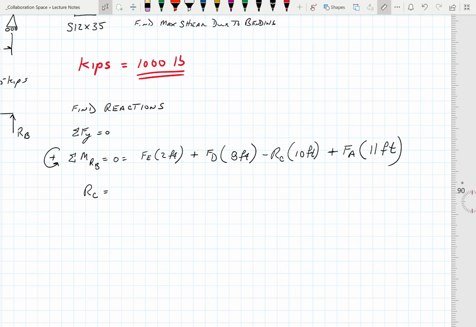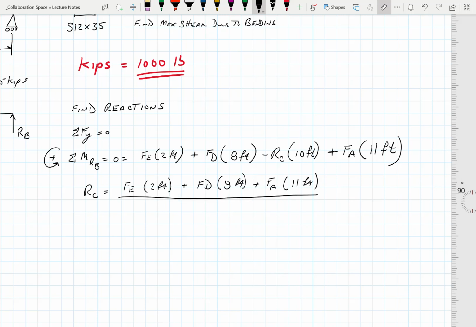So RC is equal to FE, that stays positive, times 2 feet, plus FD times 8 feet, minus, positive, sorry, FA times 11 feet, and then everything here is going to get divided by 10 feet. Yes? Okay. Reaction for that is?